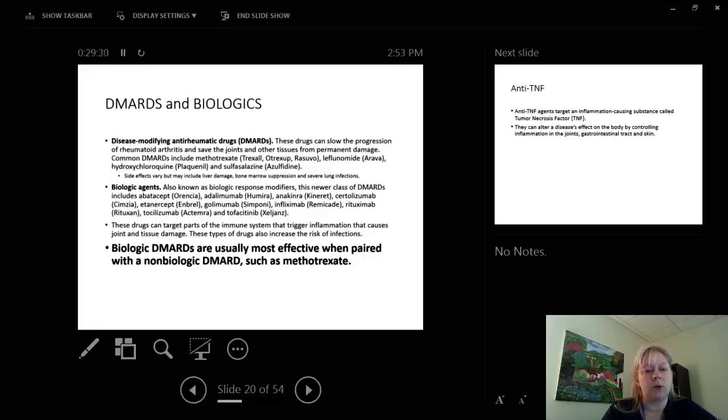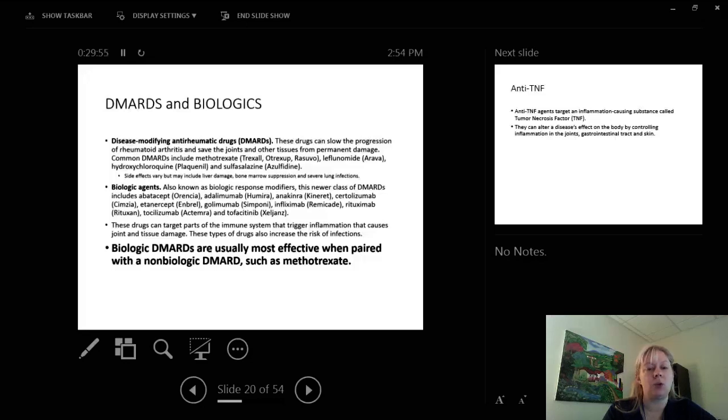So these drugs can target the immune system. They target inflammation, and inflammation causes joint and tissue damage. They can also increase your risk of infection. So they lower your immune system, so you have to be very careful with these medications.